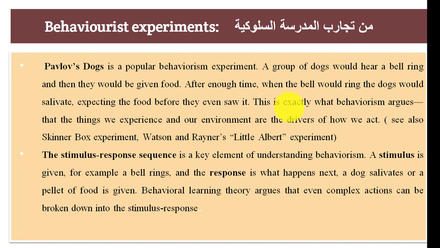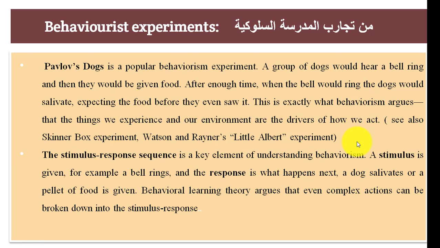Now, for more information, you can see also other experiments such as Skinner box experiment, Watson and Rayner's Little Albert experiment. It should be noted that Pavlov showed that classical conditioning leads to learning by association. As for Watson and Rayner's Little Albert experiment, they show that phobias can be learned through classical conditioning.